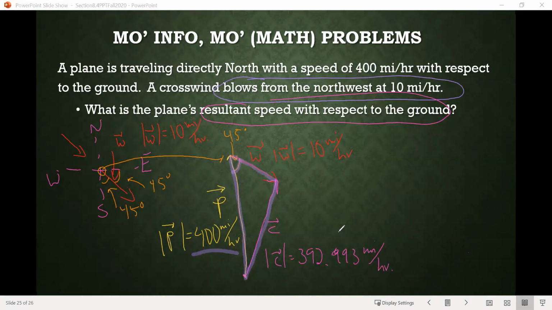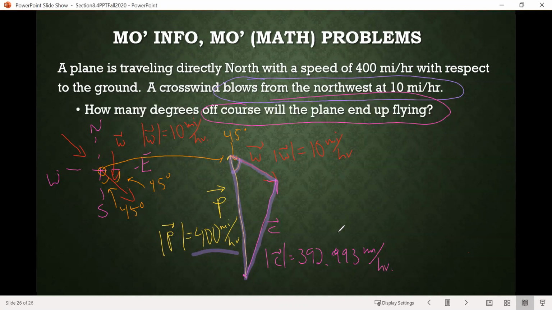Let's look at the next question. Now that we have that, how many degrees off course will the plane end up flying? Again, it was going directly north, then it got hit by this crosswind, and now it's going in this northeasterly direction.